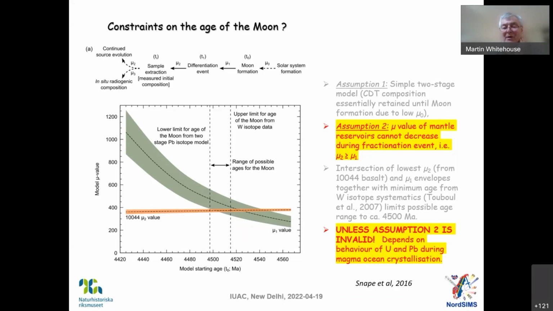And so that's actually a problem for this older moon model here. This could still be valid, but if assumption 2 is not valid, then it's possible to allow younger ages than 4.5 for the age of the moon. This is something we're working on right now to try to define a little bit better in different ways.